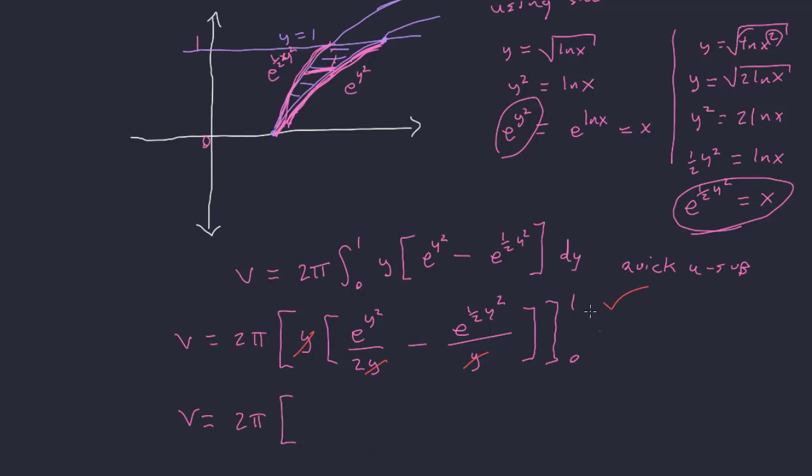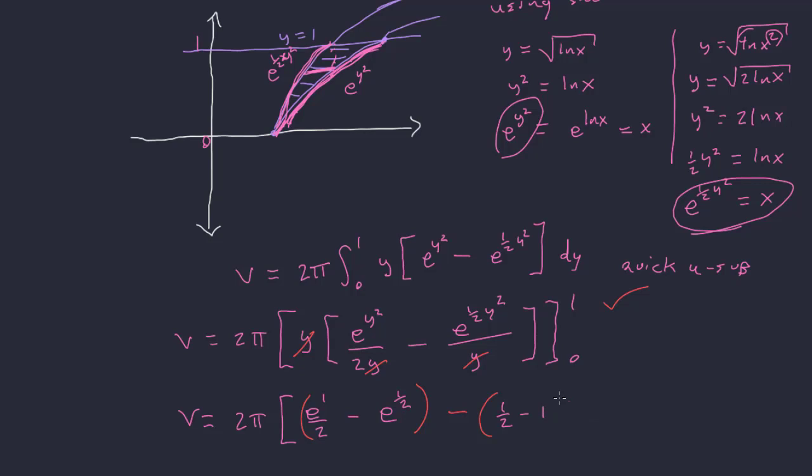So anyway, now we'll plug in the 1. So it'll be e to the 1 over 2 minus e to the 1/2. Okay, so there's plugging in the 1. Okay, plugging in the 2 though, or not the 2, I'm sorry, the 0. Well, e to the 0 is 1, so this will end up being 1/2 minus 1/2.